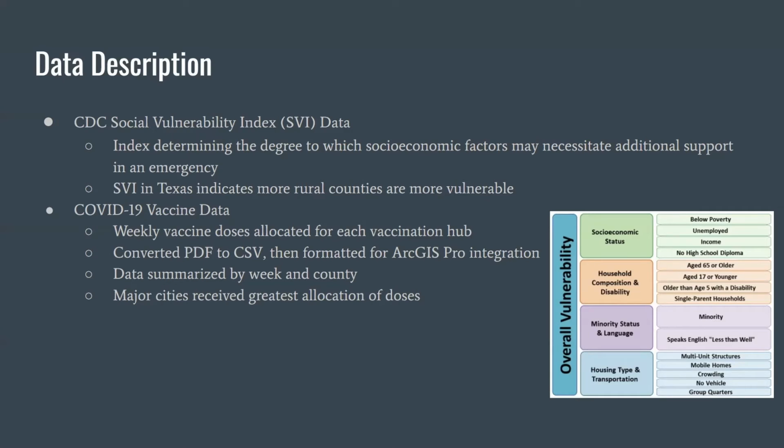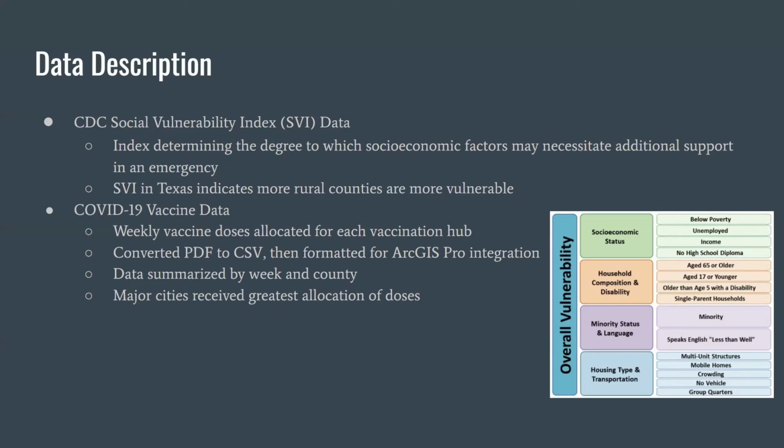For the CDC, their index was basically to determine how socioeconomic factors can affect people in an emergency and what communities might need additional supports in such a situation. Basically, what we found with that is that SVI indicated that more rural counties were more vulnerable in general.